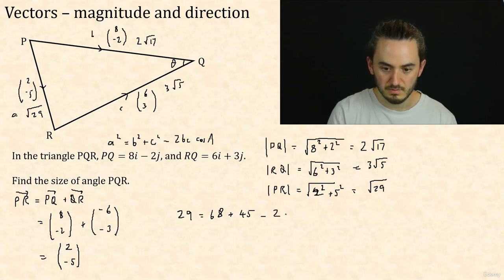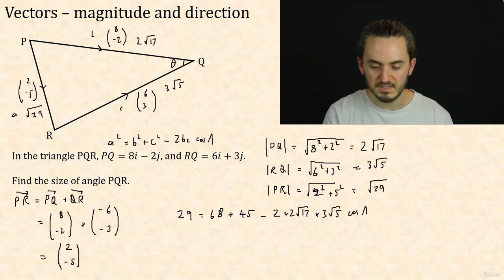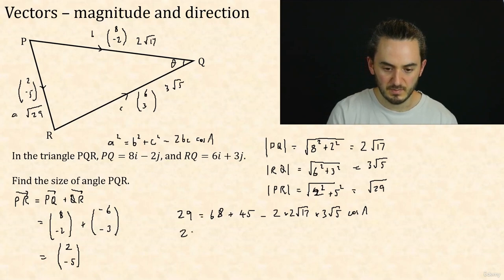minus 2BC cos A. All right, let's neaten this up a bit. So we have 29 equals, and then 68 plus 45 is 113.